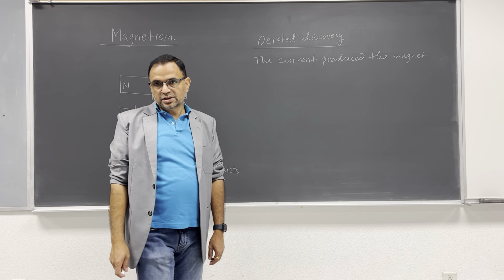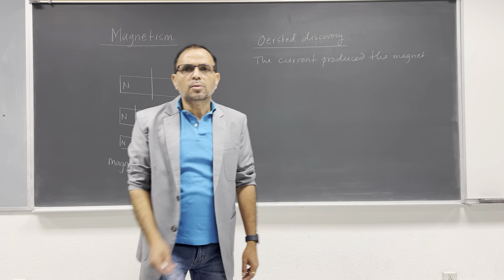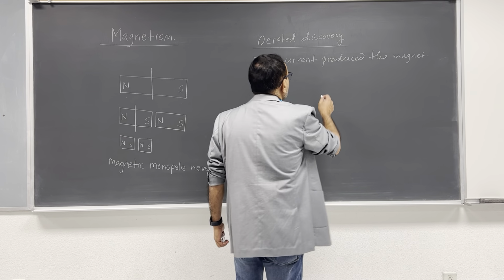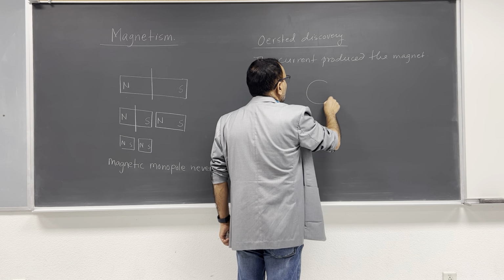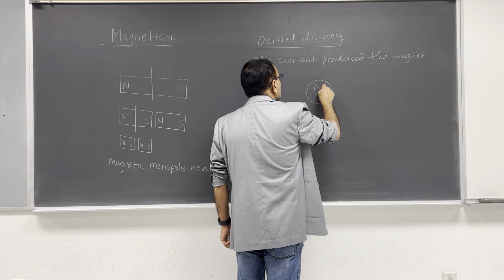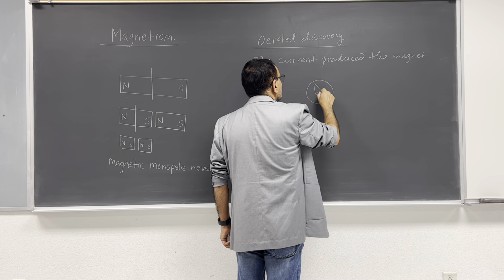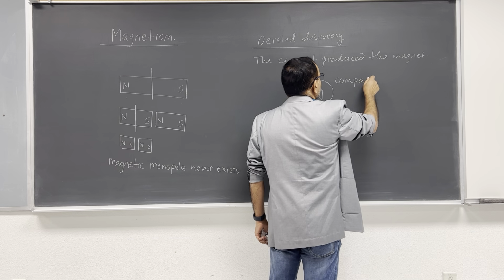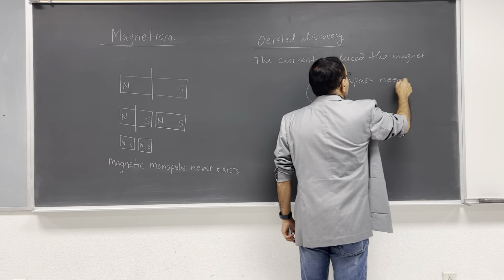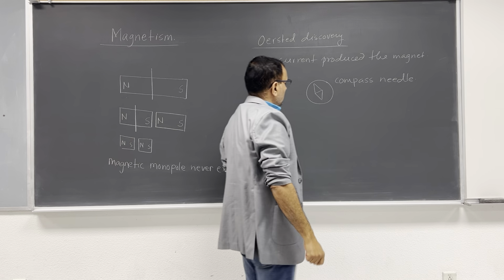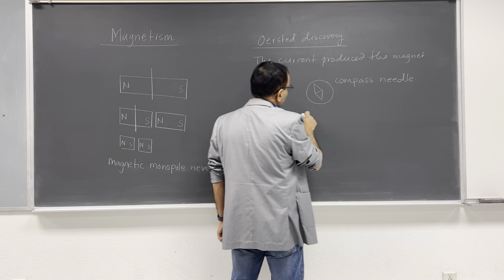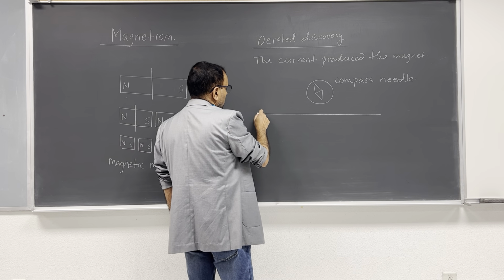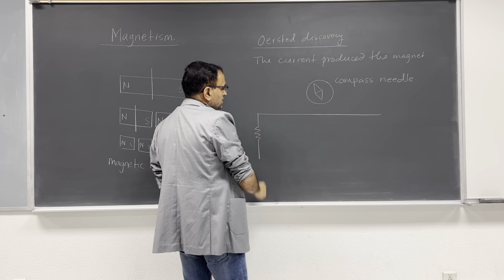Let us suppose you have a compass needle. This is the compass needle, and you keep the compass needle here. And right here, this is a wire. This is a resistor.